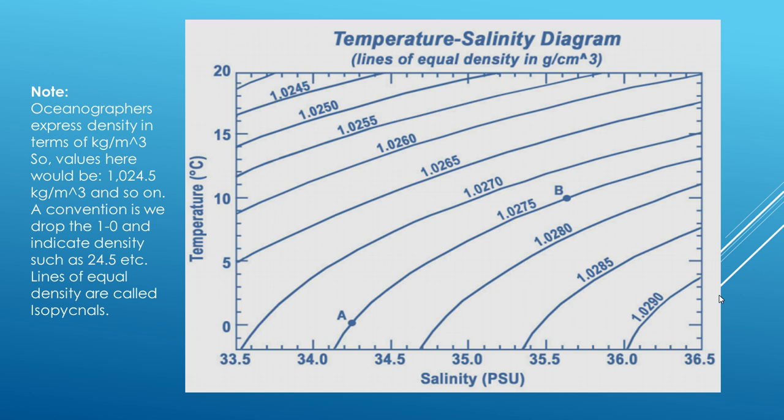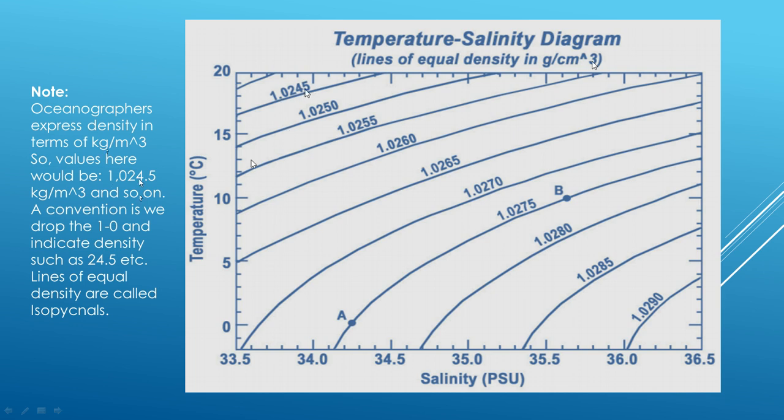Before we look at this graphic, look at the units here, grams per cubic centimeters. Oceanographers, look at the note over here. We express density in terms of kilograms per cubic meter. So instead of seeing 1.0255 as an example, or 1.0245, we would have 1,024.5 kilograms per cubic meter, etc. Basically, just move the decimal 3 spots over.